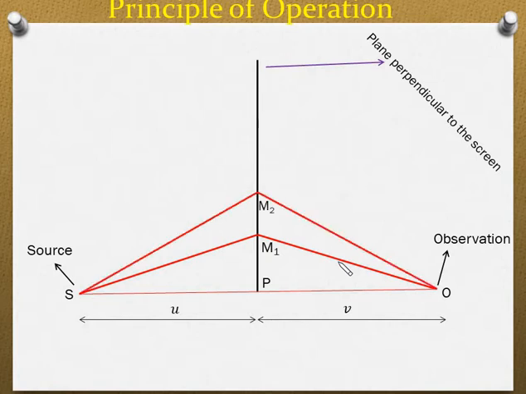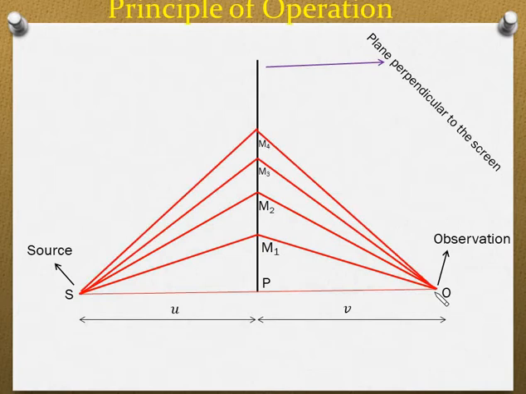Similarly, we will have another point M2 such that the path difference between SM2O and SPO is 2 lambda by 2. Similarly, a path difference of 3 lambda by 2, and so on.